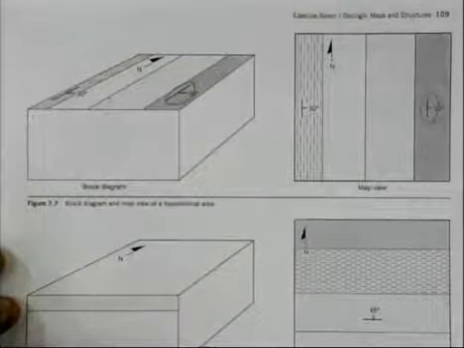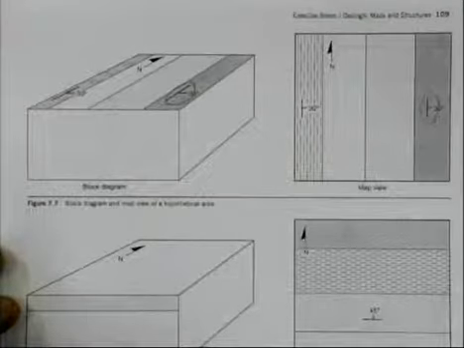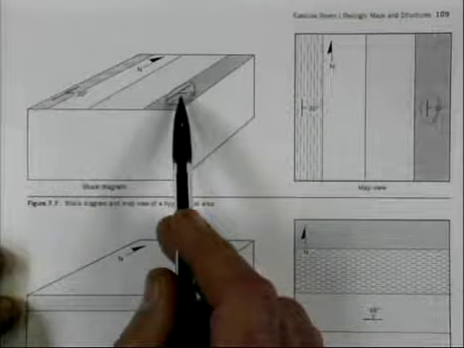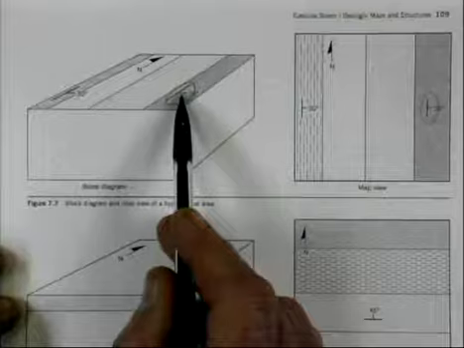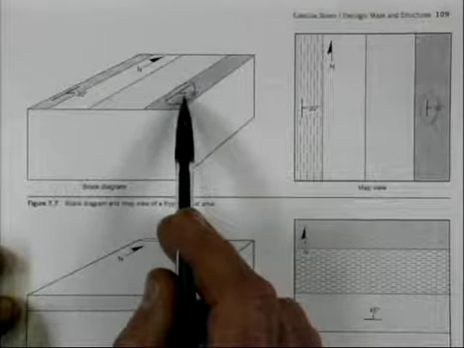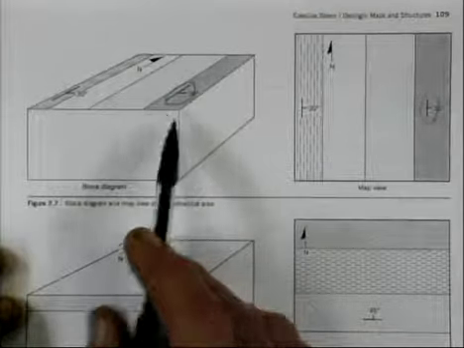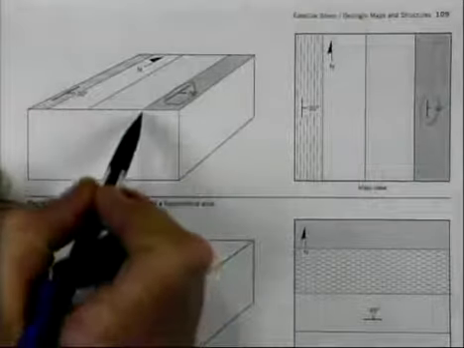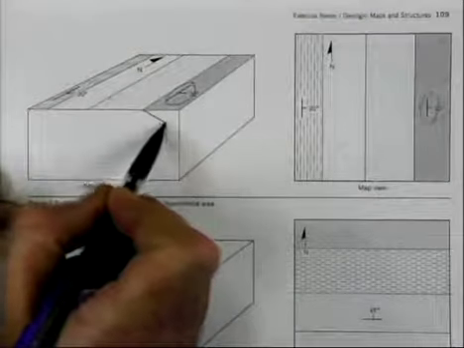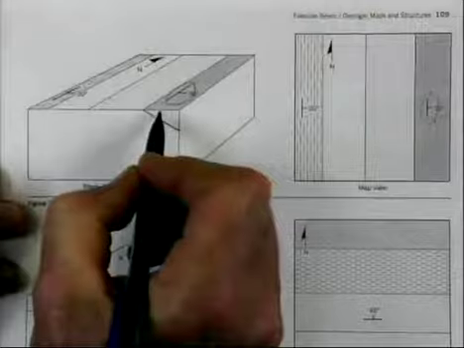Now, the strike dip symbol tells us that these beds are dipping at 30 degrees, in this case to the east. And so I'm going to approximate a 30-degree angle right here. I'm just visually estimating a 30-degree angle.